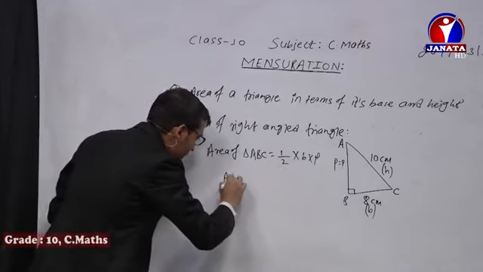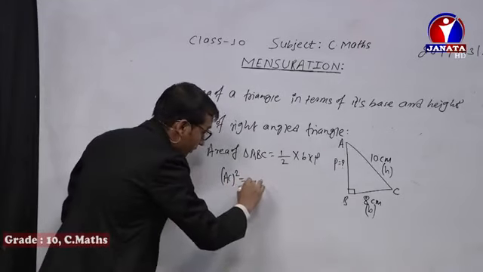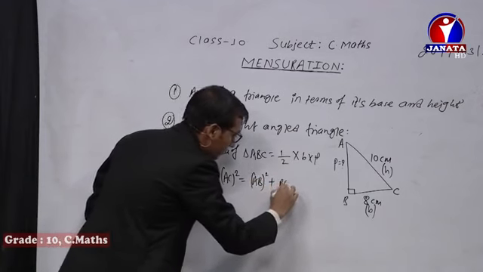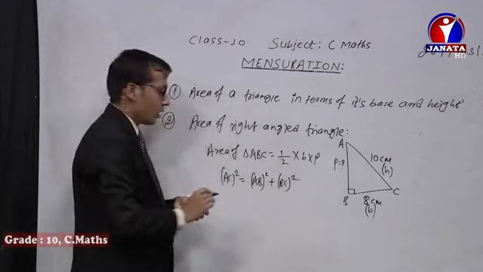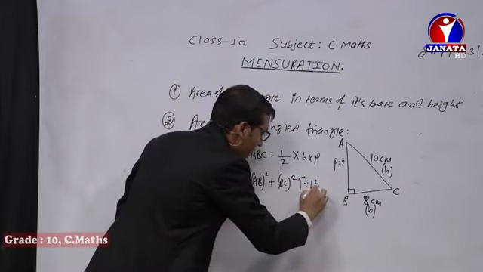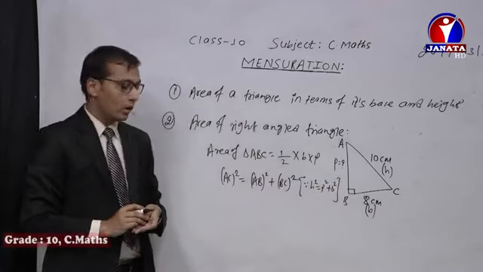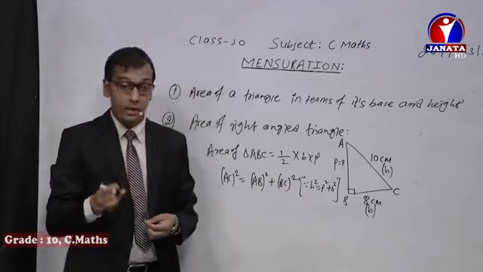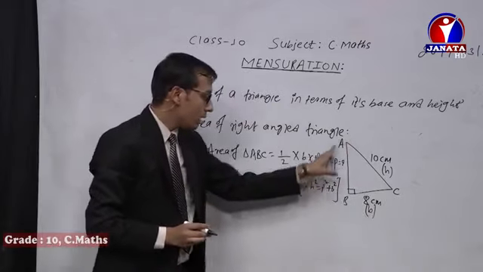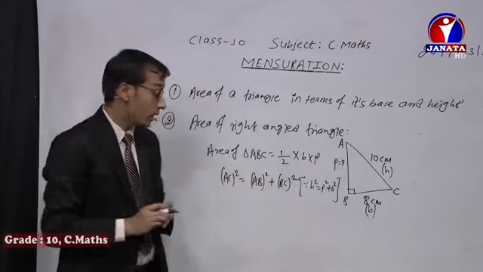Here AC square, or H square, is equal to, we know the formula, P square plus B square. So since the Pythagoras theorem is H square is P square plus B square, what is H? This is hypotenuse, which is AC in the figure, and what is P? Perpendicular AB, and base is BC.